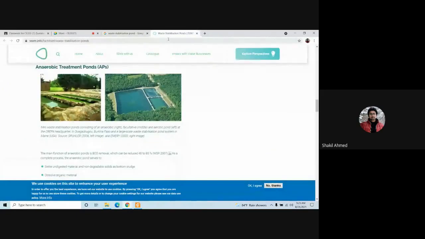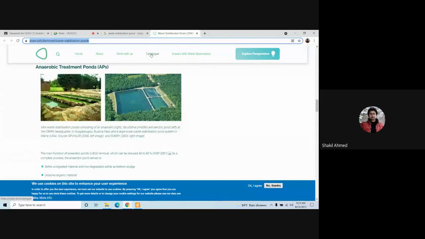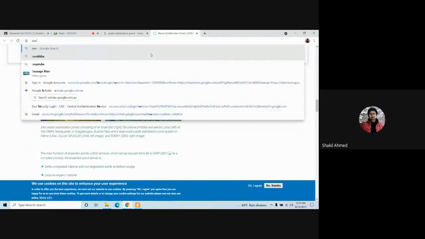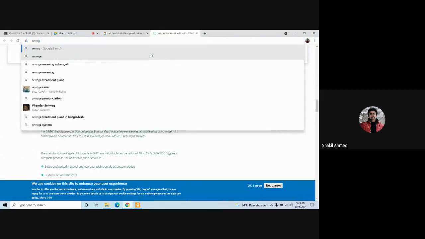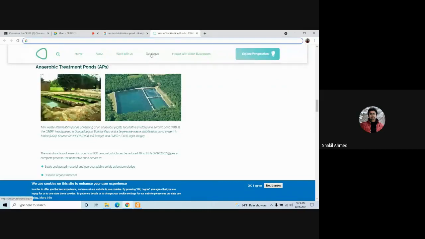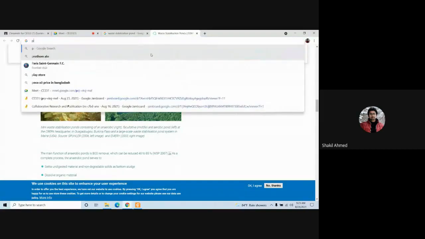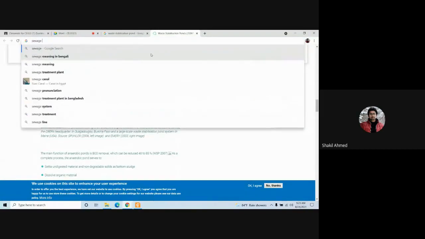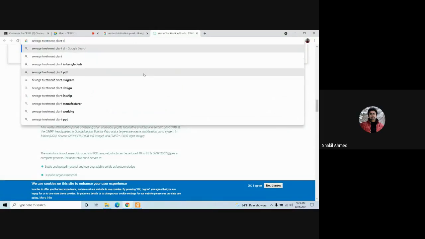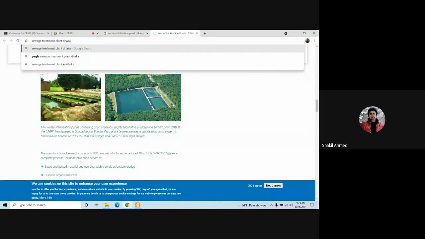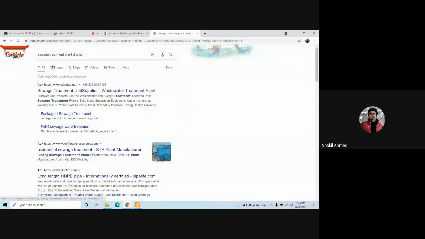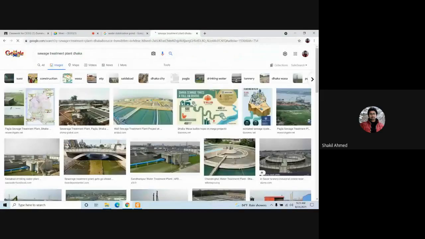If we look at Dhaka, the sewage treatment plant, right?